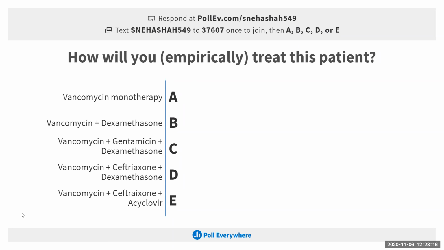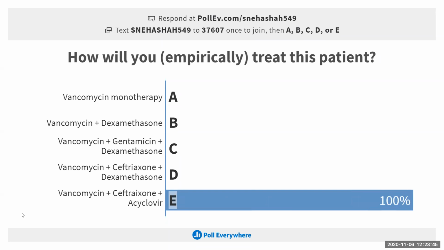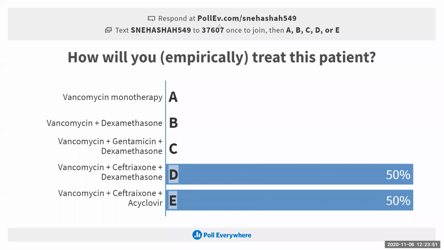Remember that the gram stain and culture are still pending. Anita says E as well.